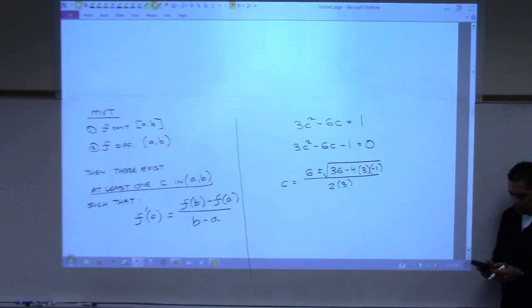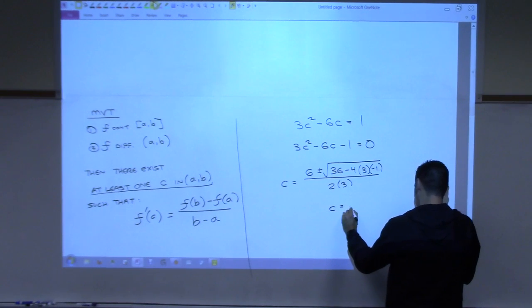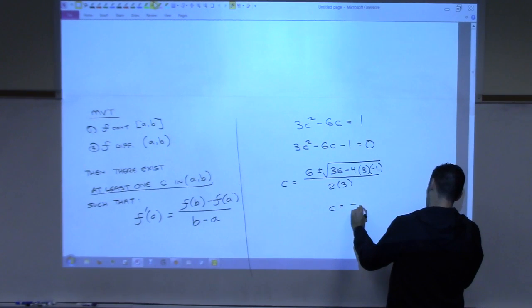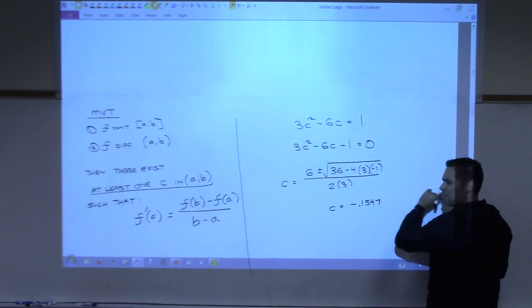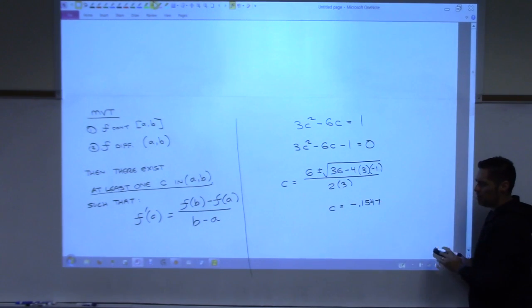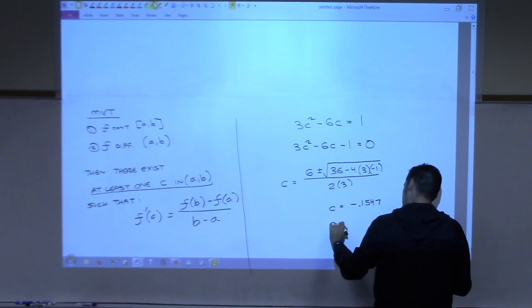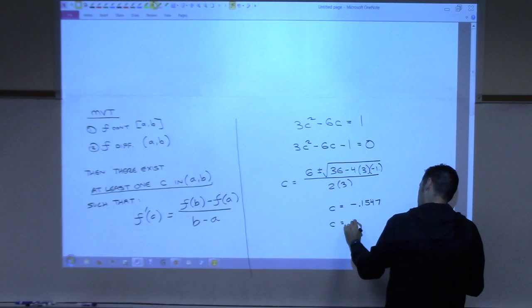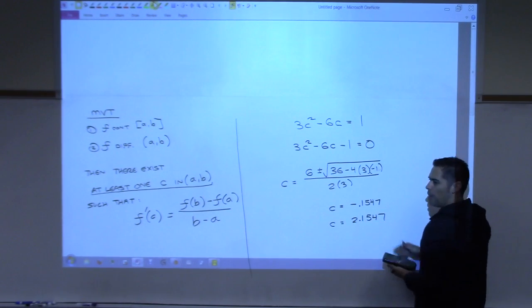All right, so I'm getting 2 answers. One of them is c is equal to negative 0.154700, and I've got more numbers, but that's good enough. And the other one is c is equal to 2.1547, and some more decimals.